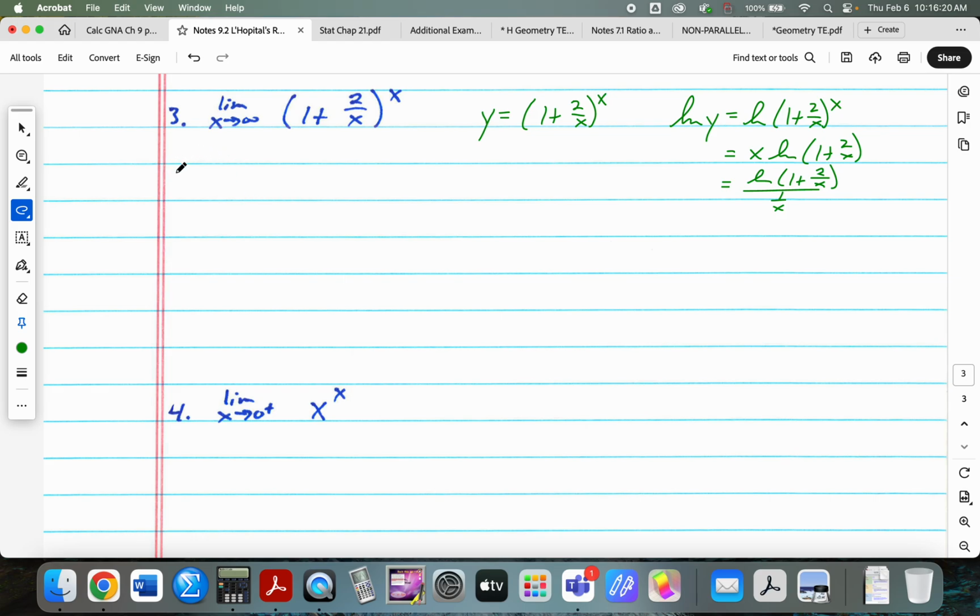So, if I take the limit as x goes to infinity of the natural log of y, that'll be equal to the limit as x goes to infinity of the natural log of 1 plus 2 over x, over 1 over x.